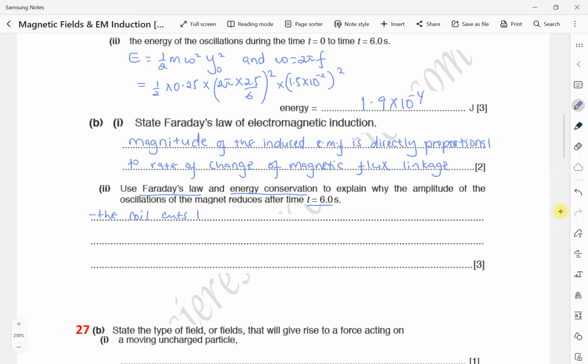So the coil cuts the flux, call it the field, of the moving magnet, thereby inducing an EMF, and thus current in the coil.